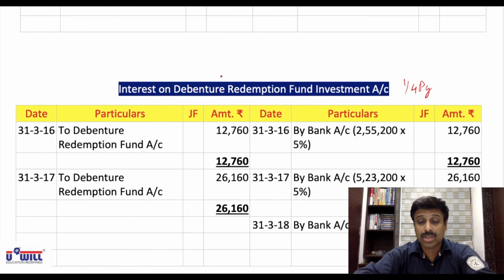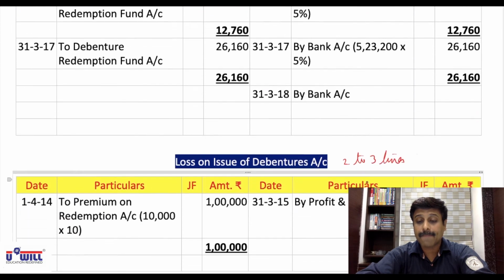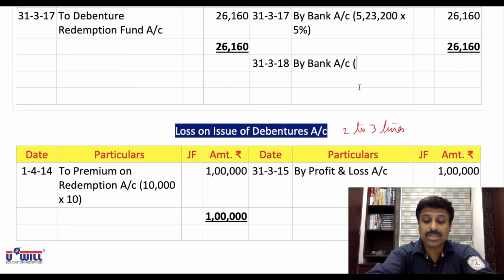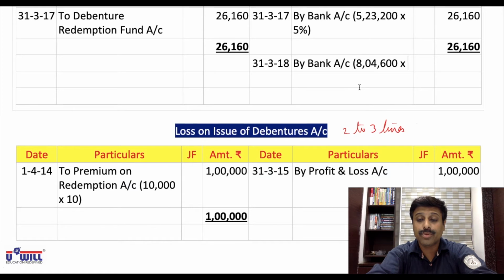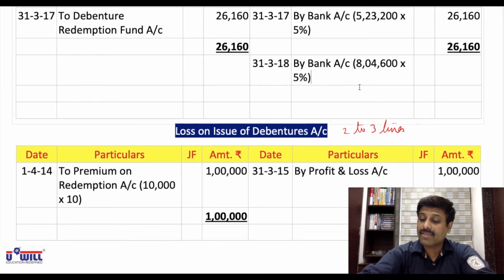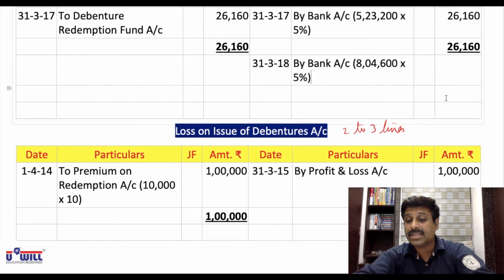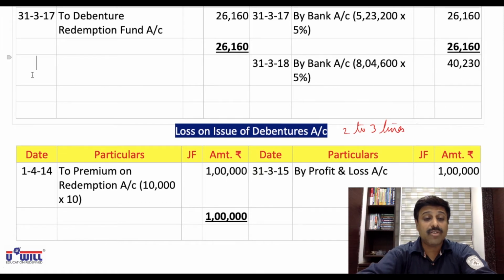So 8,04,600. Okay, 8,04,600 into 5%. Do it everyone. 8,04,600 into 5%. 40230. Now this amount we will transfer to fund. So interest account debit to fund account.